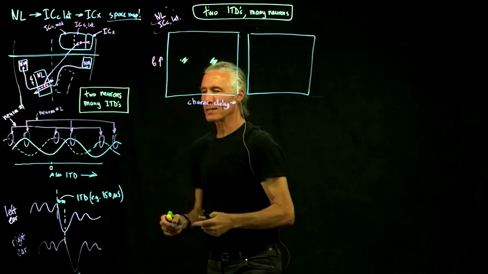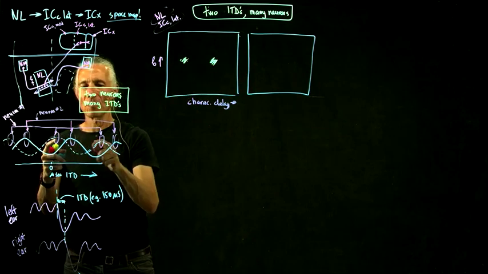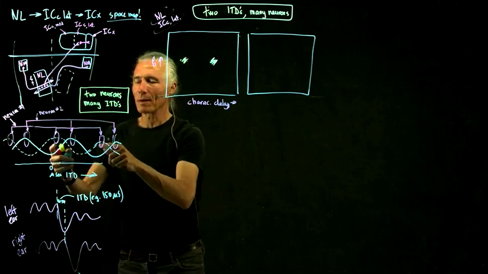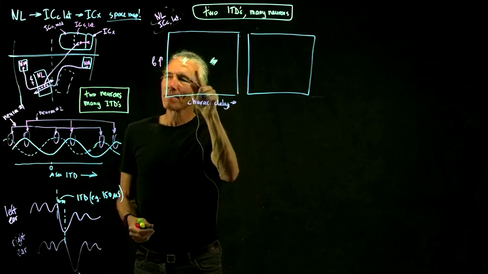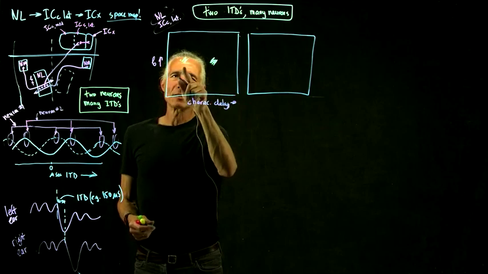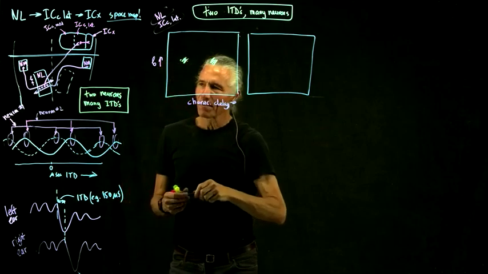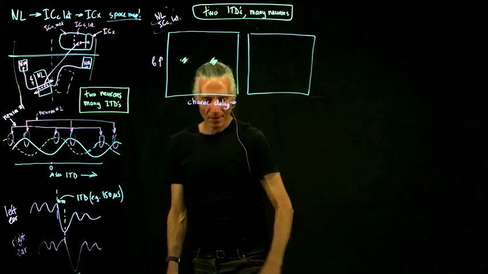It's the inverse. So this is a bunch of ITDs, one neuron. You show multiple peaks where there's a big response. Now let's look at a whole bunch of neurons with different characteristic delays. The implication is you're going to get multiple neurons at different points in the nucleus that respond to one ITD.